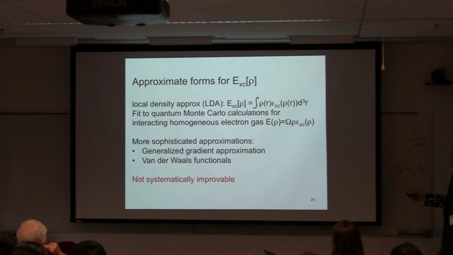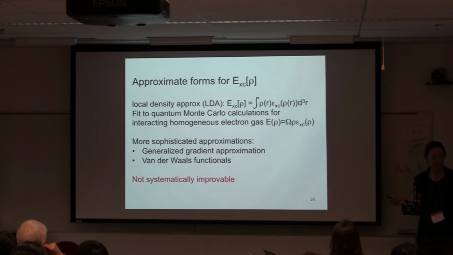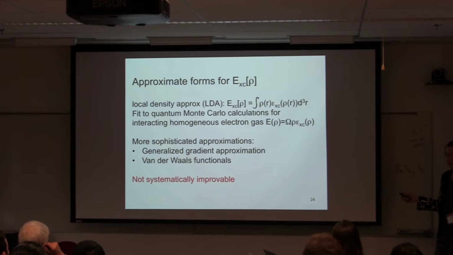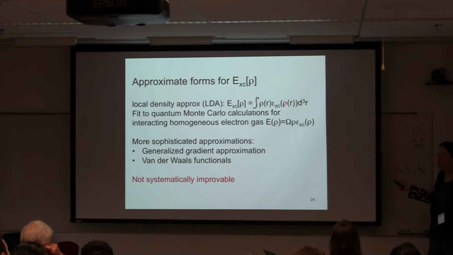And then the question is, in a practical calculation, what do we use for E_XC? The local density approximation, a phrase you're almost certainly going to hear if you encounter first principles calculations, is that we look at each point in space, look at the density there, and have a function that depends just on the local density at that point, and integrate that over all space.